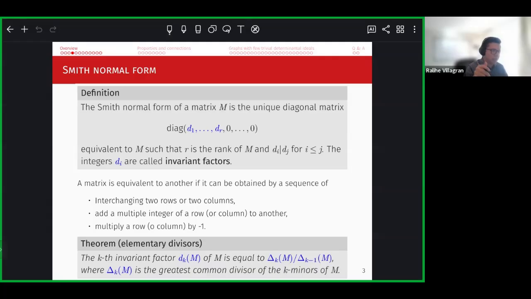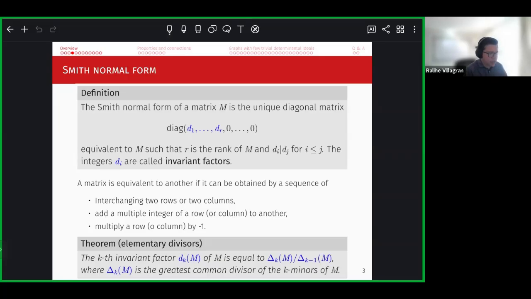Those elements on the diagonal are called the invariant factors. We find this normal form just by performing elementary operations over the integers: interchanging two rows, adding an integer multiple of a row or column to another, and multiplying a row or a column by 1, which does nothing, or -1.